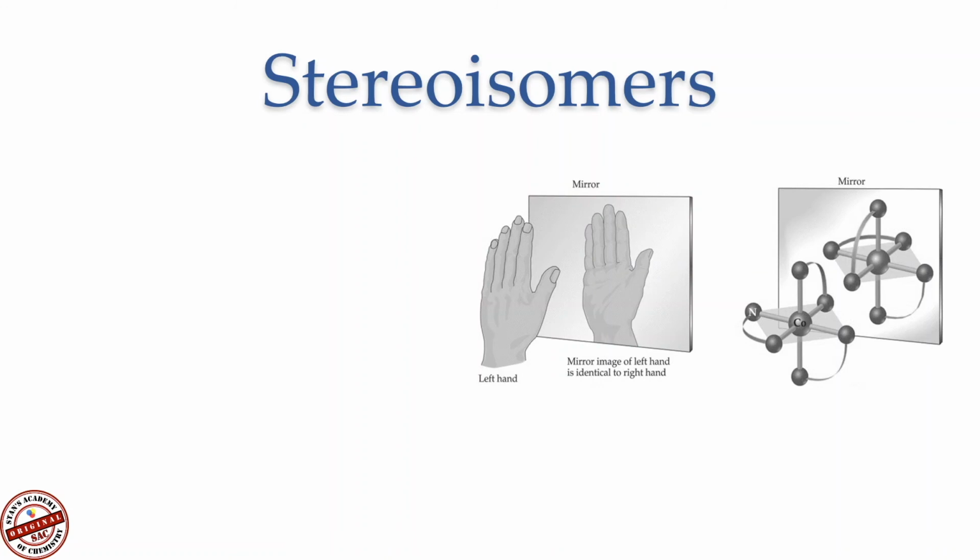What you mean by it is, if you put your right hand over your left hand, your thumb is going to be facing the opposite direction. They're not superimposable. So there are molecules that are asymmetric, or there are atoms that are asymmetric within a molecule. If a molecule has an asymmetric mirror image, then they will show optical activity, and these would be called optically active isomers.